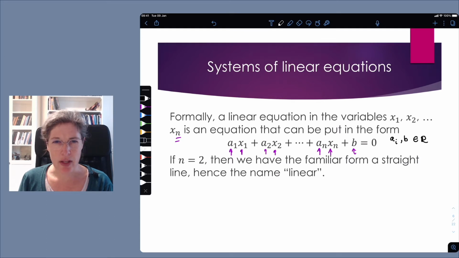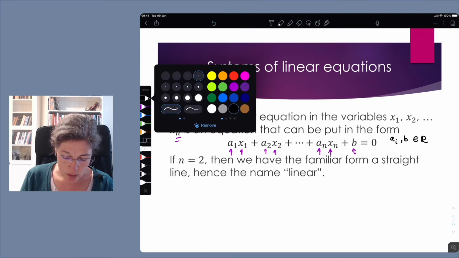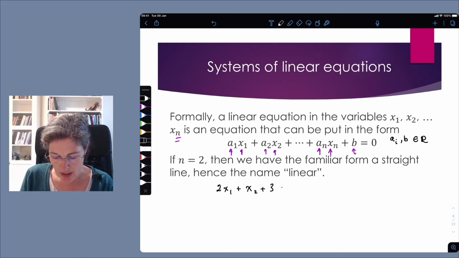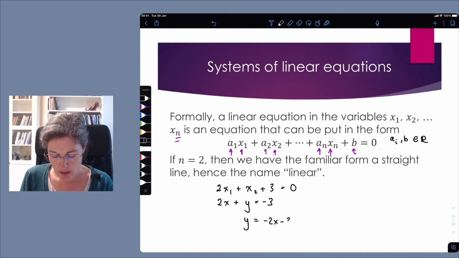You might be thinking, well, why is this linear? It comes from when we have n equal to 2. If we have n equal to 2, we'd have something like, let's take an example, 2x1 plus x2 plus 3 is equal to 0. That might not look super helpful, but we can rewrite this. Firstly, I'm going to change my variables, so I'm going to call this 2x1 plus y is equal to minus 3, and do a little bit more reorganizing. y is equal to minus 2x minus 3.